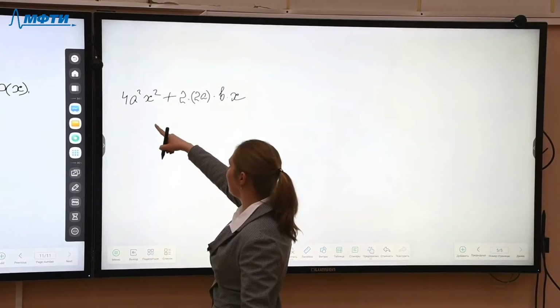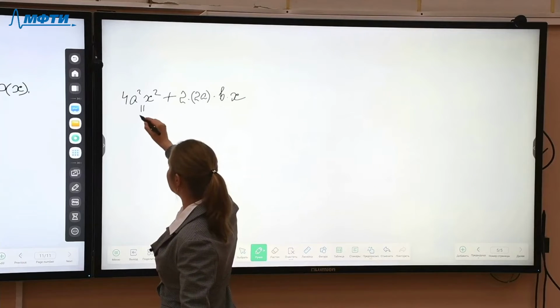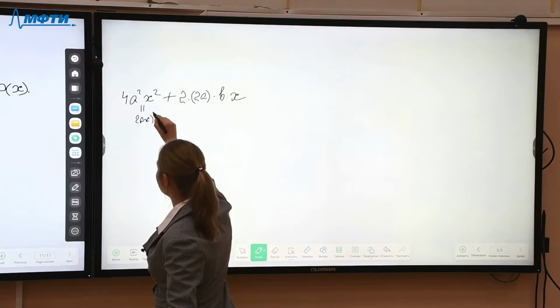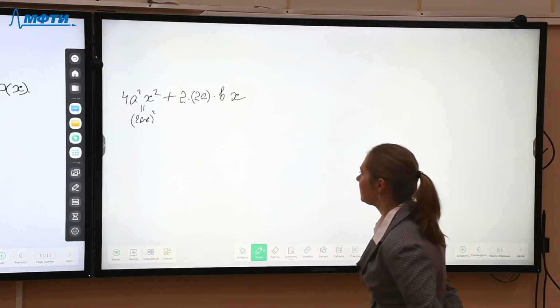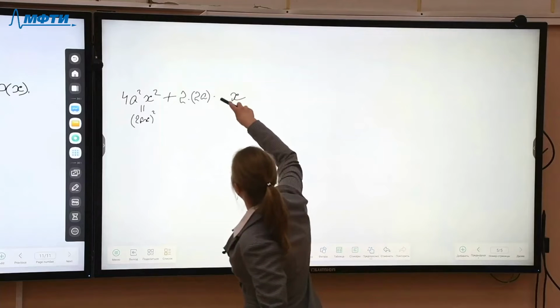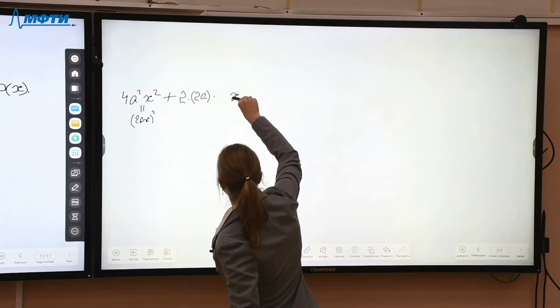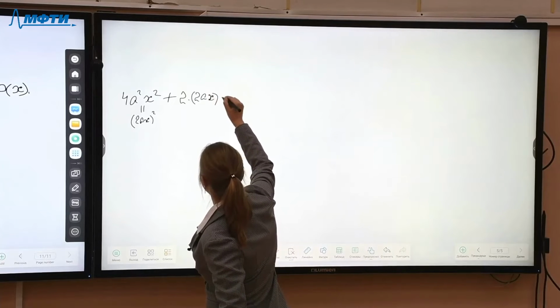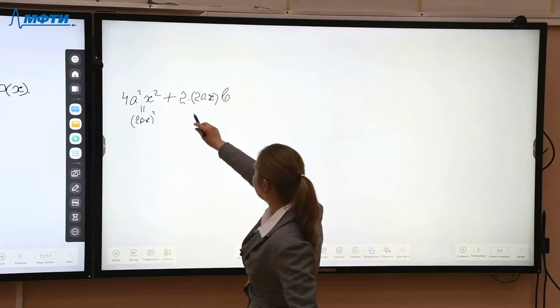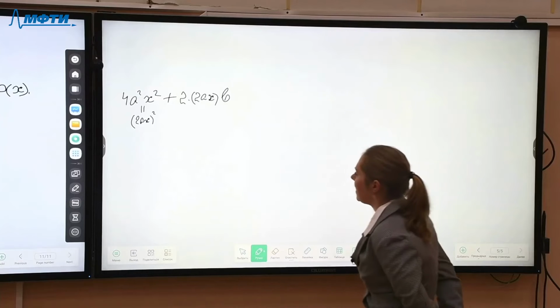By the way, 4a squared x squared is 2ax squared. So we have 2ax squared plus 2, I will change the order here, 2ax times b, 2 by 2ax times b.